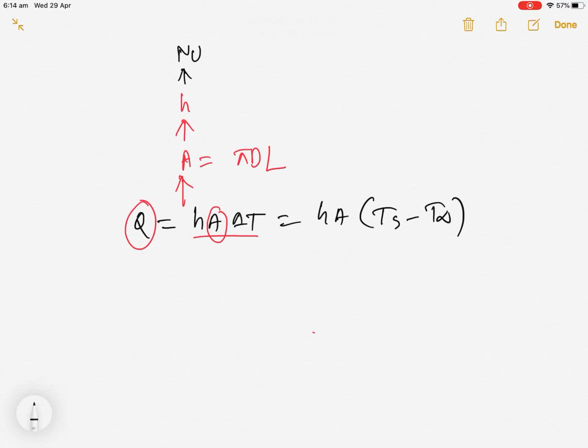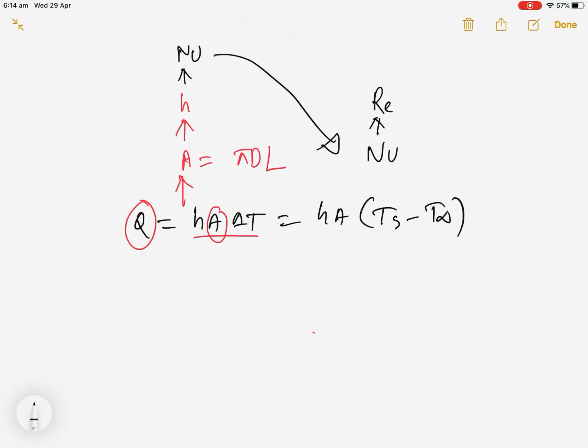Now we need the Nusselt number. If we want to select the correlation for the Nusselt number, we need to find out the Reynolds number. That's important. We need to check whether the flow is laminar or turbulent, because depending on the Reynolds number, we have different Nusselt number correlations.